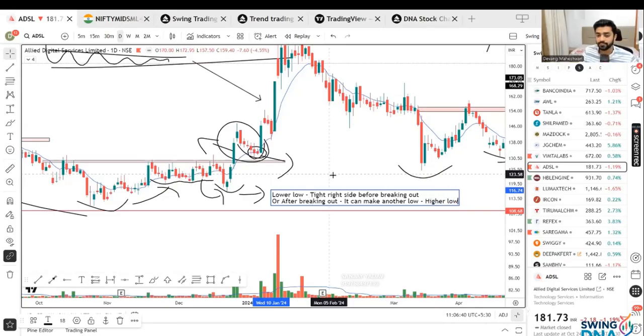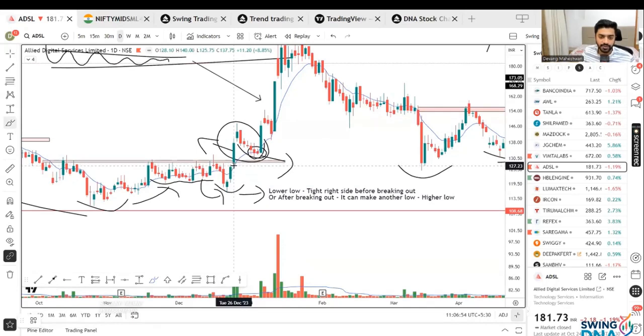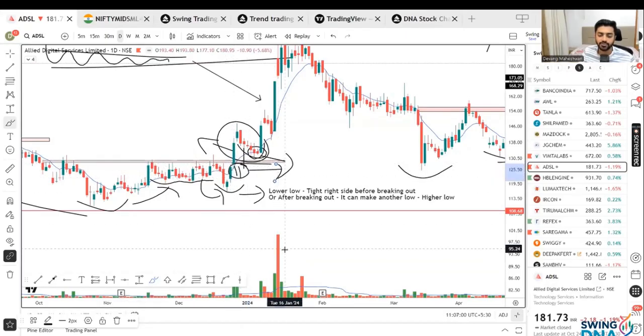Okay, in this way lower lows can get corrected. Either it moves up, breaks out directly and then gives you this kind of action, then you can call it a good structure, or if this would have spent 1-2 more days here and then broke out, then this was also a fine correction of the overall structure. Okay.